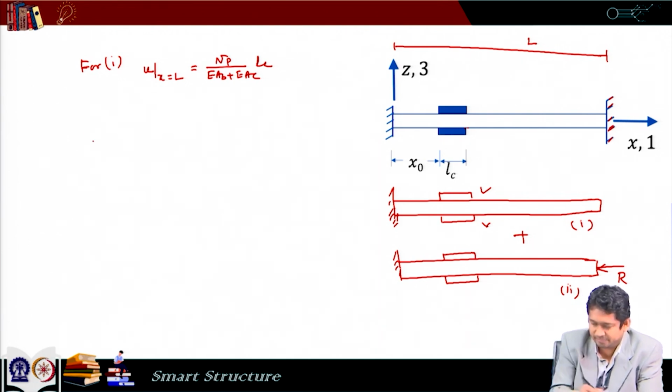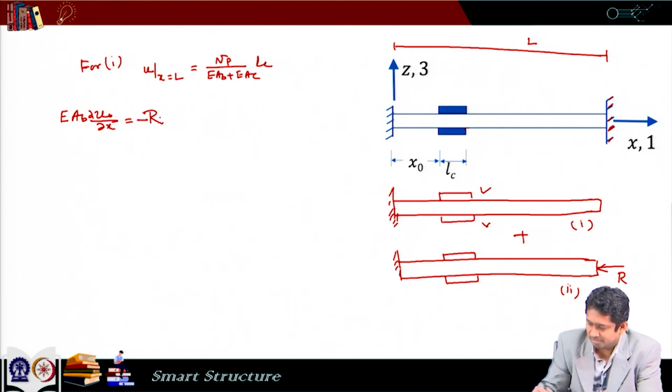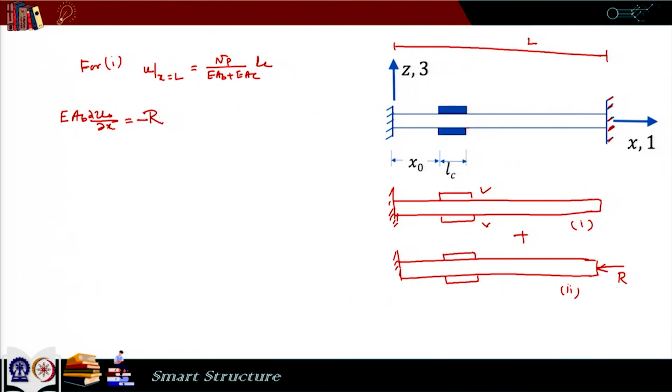Now, for this we need to look into this differential equation, where we have EAB del u 0 by del x is equal to minus r, because of this everywhere the normal force is r.